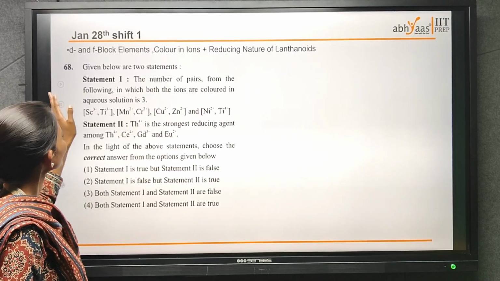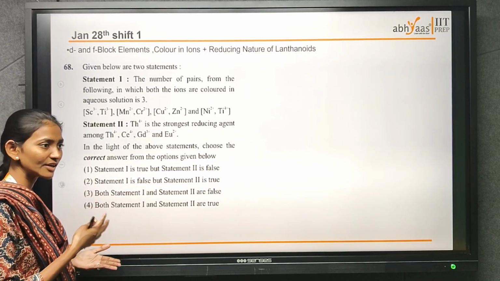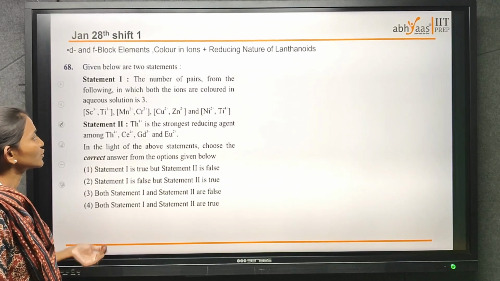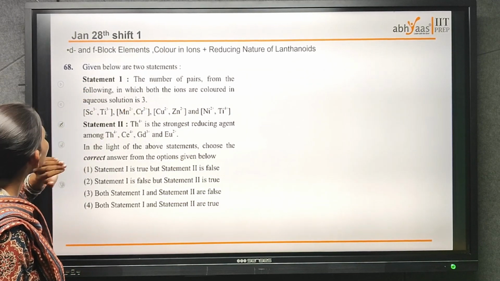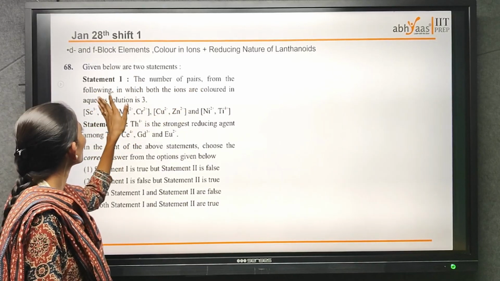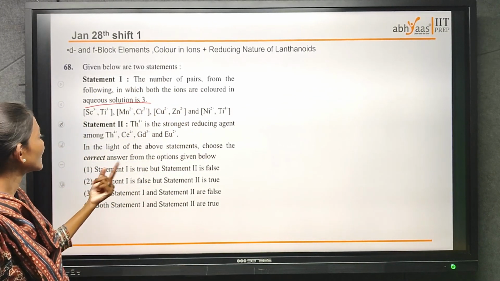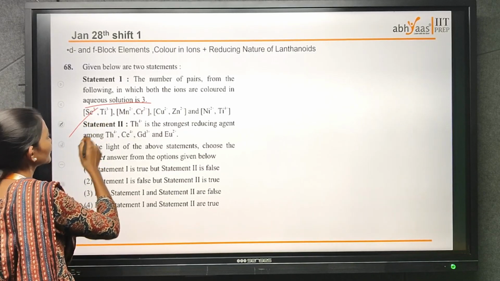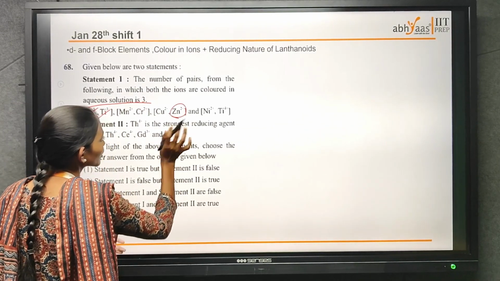This question is from d and f block elements, again statement based. We have seen statement based questions are asking directly from NCERT. So remember that. Okay, given 2 statements here. Statement 1, the number of pairs from the following in which both the ions are colored in aqueous solution is 3. Let's see. Scandium is colorless, titanium is colorless, zinc is colorless.